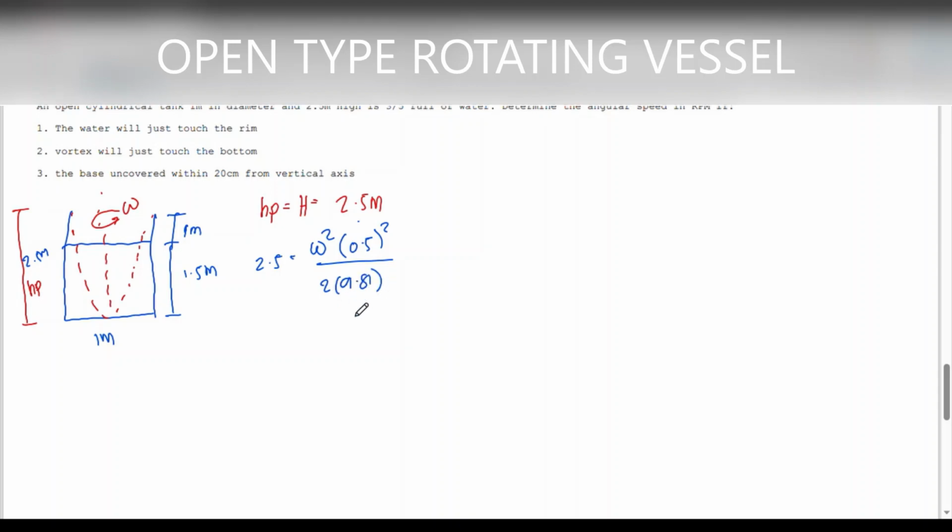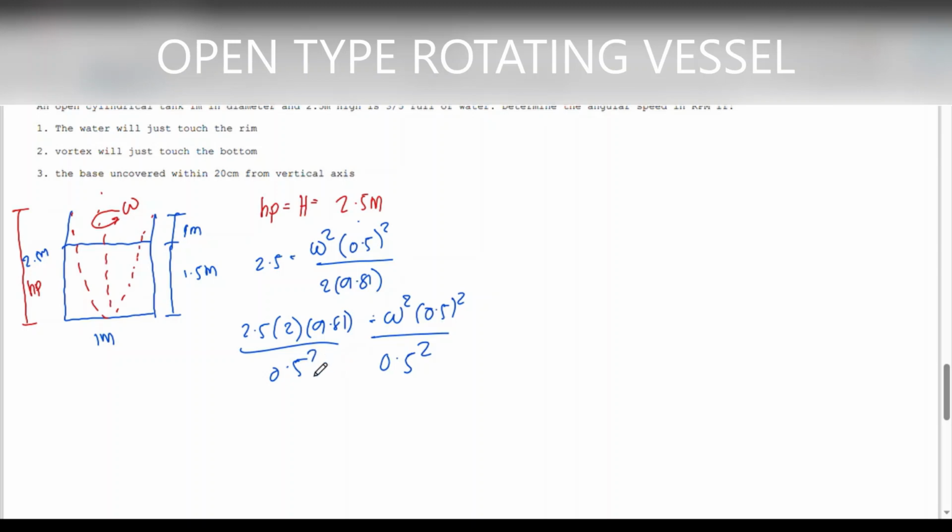Now 2.5 times 2 times 9.81 is equal to omega squared times 0.5 squared. So divide both sides of the equation by 0.5 squared.